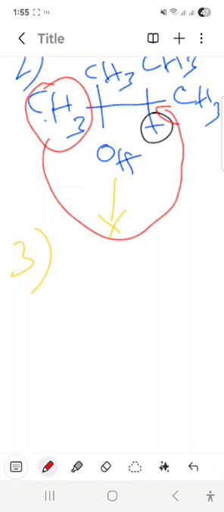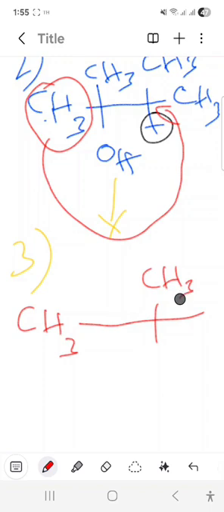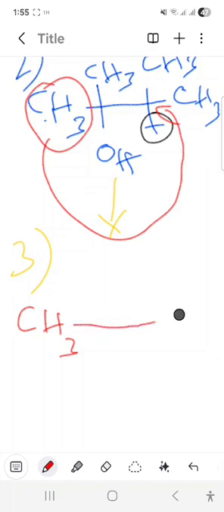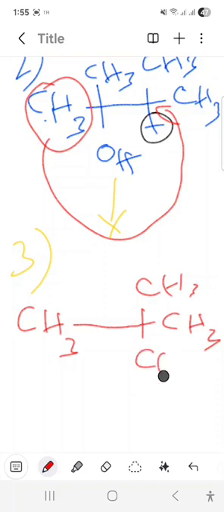How is it? Here CH3 group is there, here CH3 group is there. After rearrangement, in the place of the carbocation, another CH3 group is present.